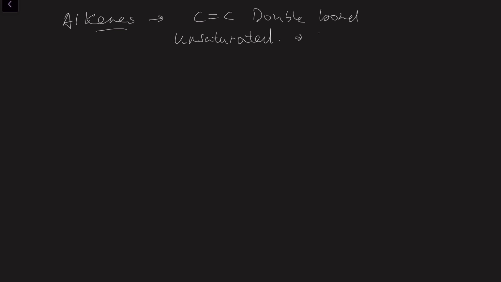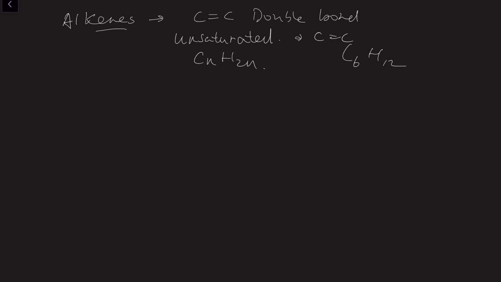This means there is a carbon-to-carbon double bond present. The general formula is CnH2n. So if you have C6, you should have 12 hydrogen atoms. So this one is easy. Whenever you add an extra bond, you take away 2 hydrogen atoms. So for the triple bond it is CnH2n minus 2. So that's the general rule.